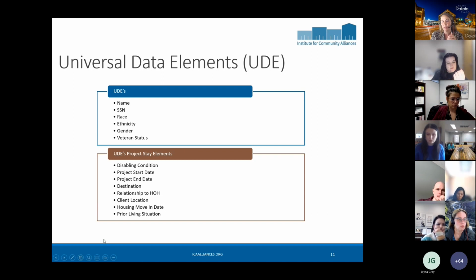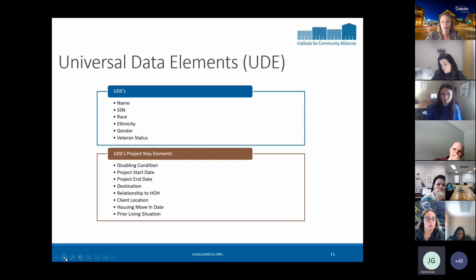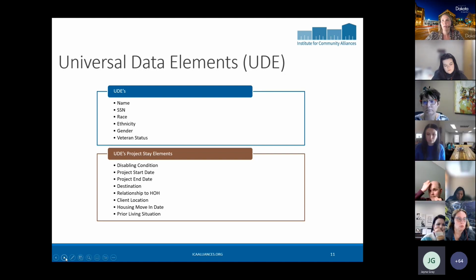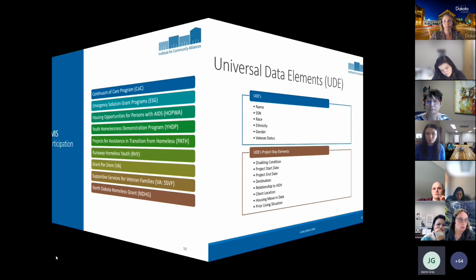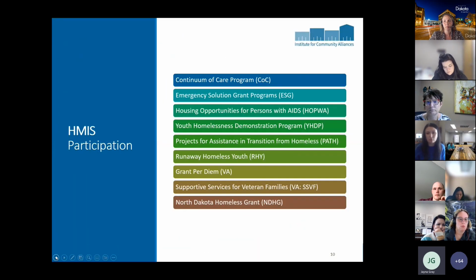An assessment site or access site? Yes, anybody doing coordinated entry, and we have some program specific data elements we'll get to in a minute. Anybody receiving any of the funding from the previous slide would be entering this data in the HMIS.